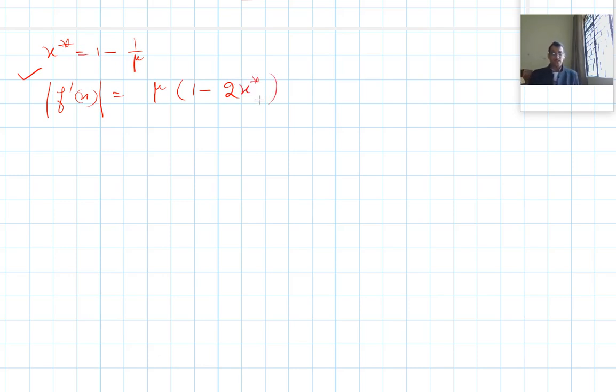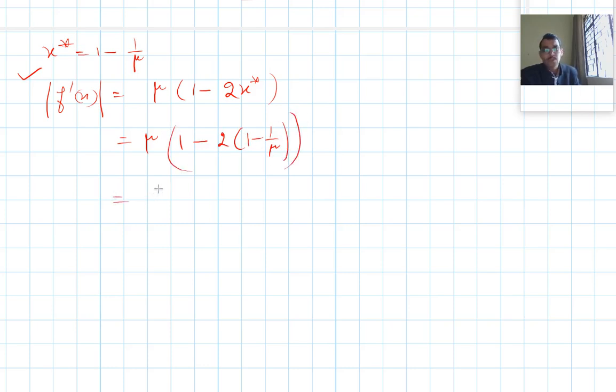So if you put its value, then it is mu into 1 minus 2 into 1 minus 1 over mu.